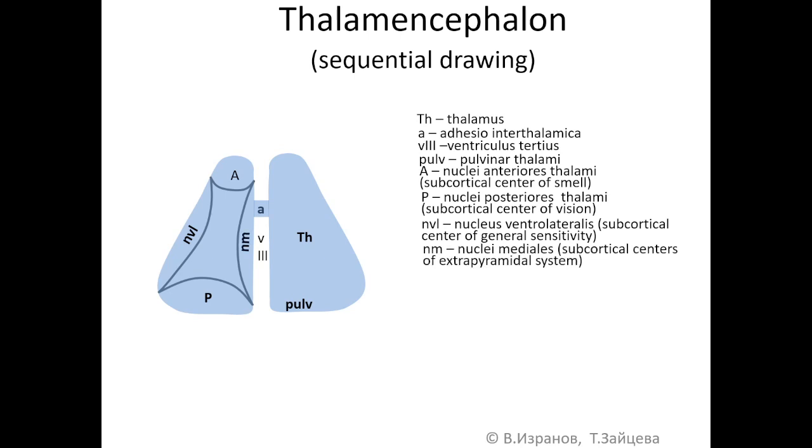NM, nuclei mediales, which are subcortical centers of extrapyramidal system. And lastly, I, nuclei interstitiales, which have vestibular and auditory function.